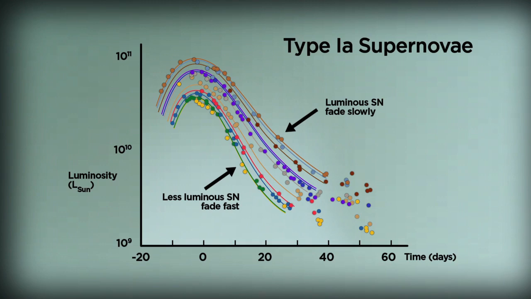The faster the explosion fades, the lower the peak luminosity. So when we measure the rise and fall of flux from a really distant type 1a supernova, we can match the observed duration of the event to one on this chart, and then read off the peak luminosity. That's how we use type 1a supernovae as standard explosions.